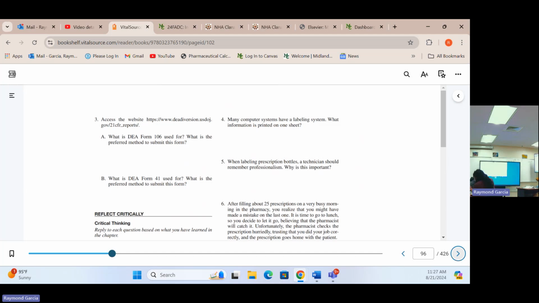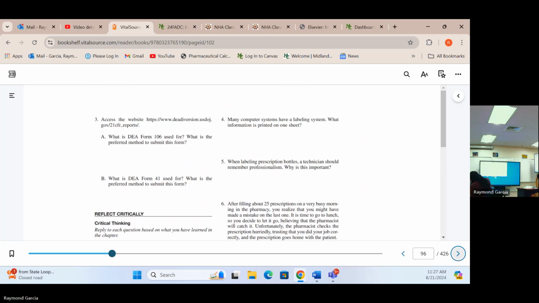We have a prescription label, and it will produce a duplicate copy to be placed on the original hard copy, so that we can put the label on the hard copy. It has billing information.